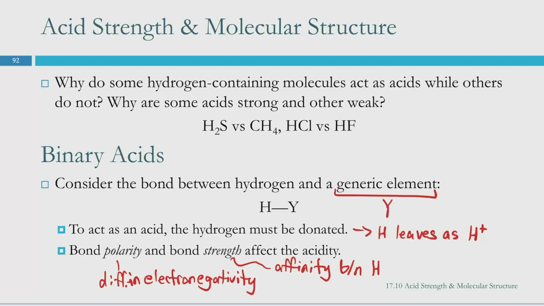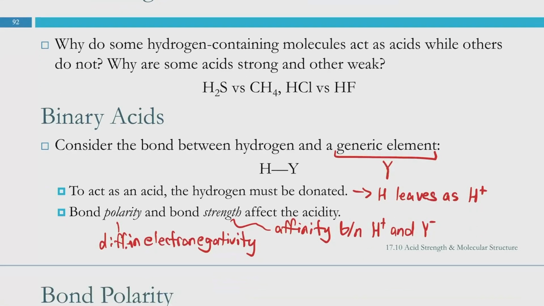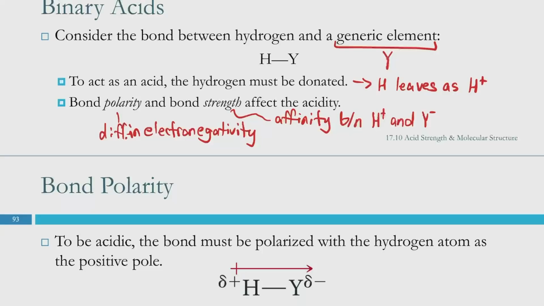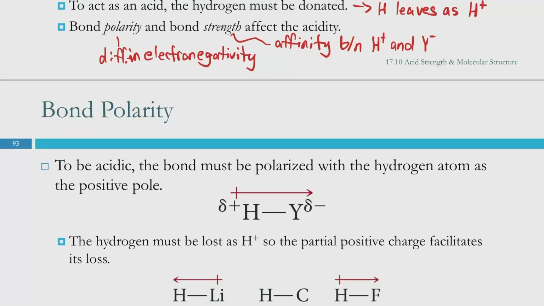The affinity between H+ and Y-, or something thereabouts. So looking at bond polarity, to be acidic, our bond needs to be polarized so that the hydrogen atom is the positive pole. It's going to leave as H+. So we are looking for a strong bond polarity, a Y that has a high electronegativity value.